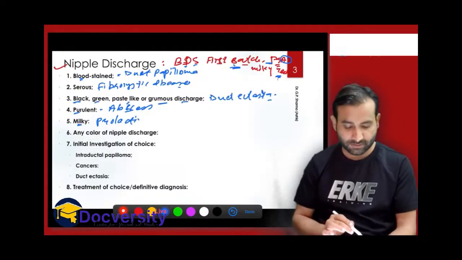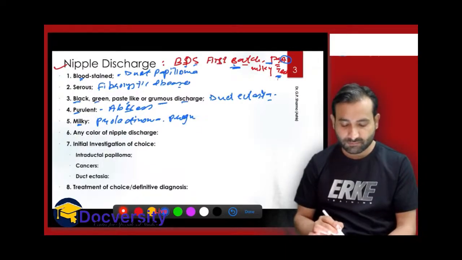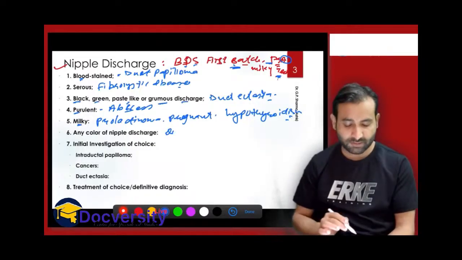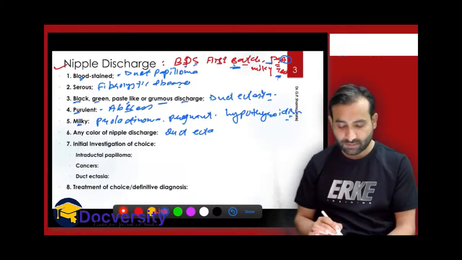The milky teeth, milky discharge. You may have the prolactinoma, right? Or a patient may be pregnant or lactating, right? And sometimes in the hypothyroidism as well. So please remember this one. Any color of nipple discharge, it can be with the duct ectasia.